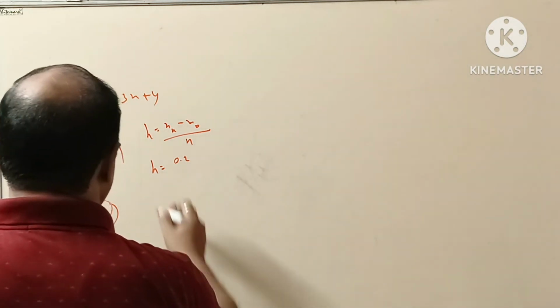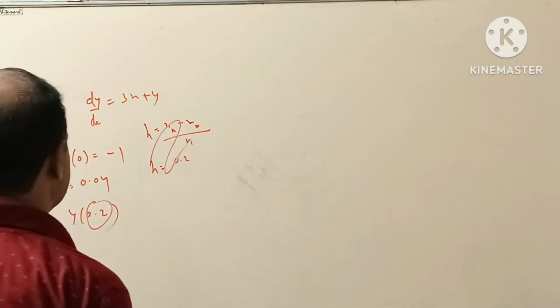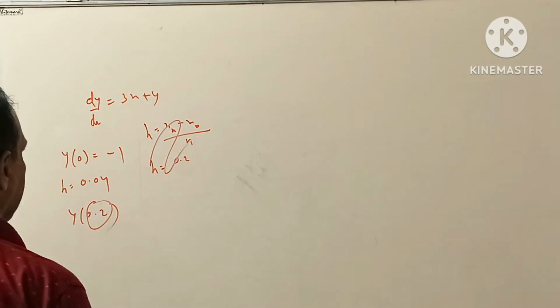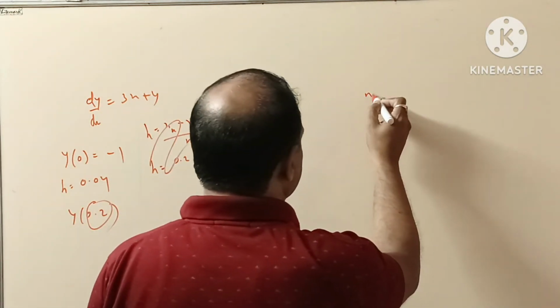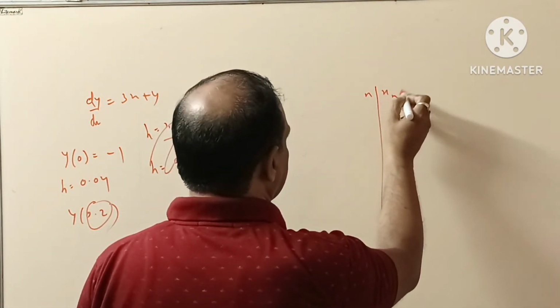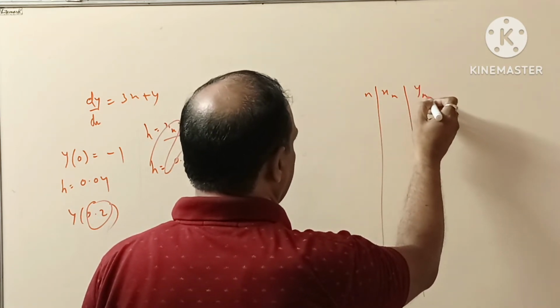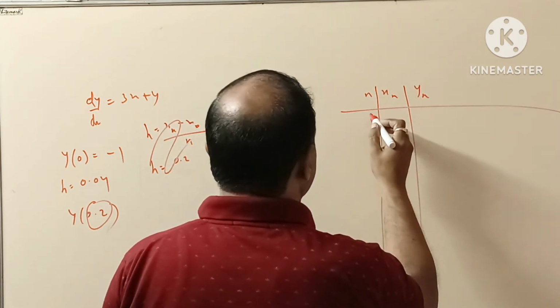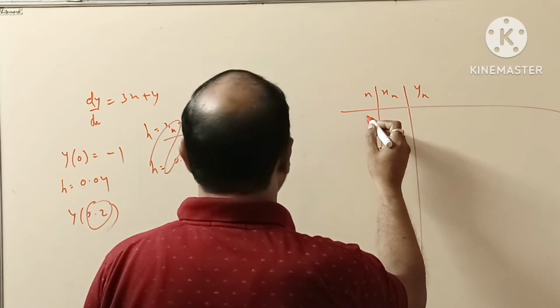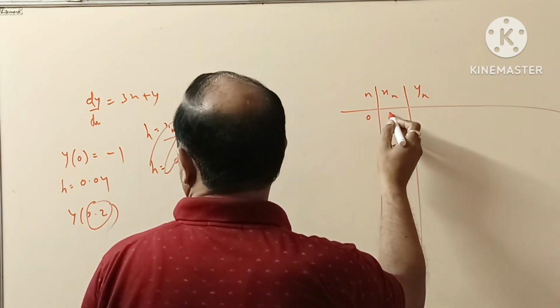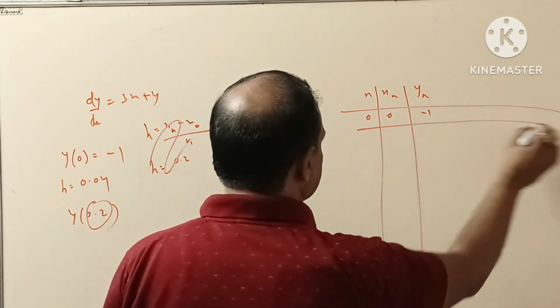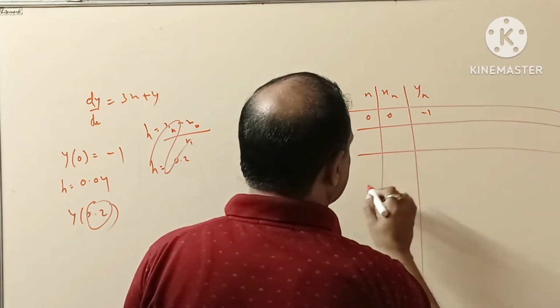There is no need to find all this, just take it as given. Now the thing is, you have to make the table. Here this is n, this is xn, and this is yn. For n equal to 0 it is x naught, and x naught is 0, and y naught is minus 1. Okay, these are the things we have to do.